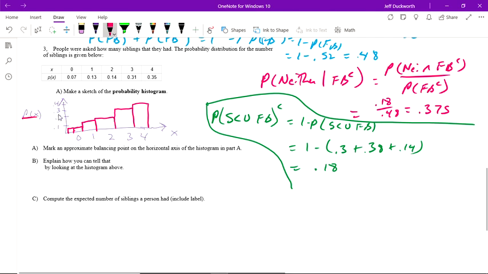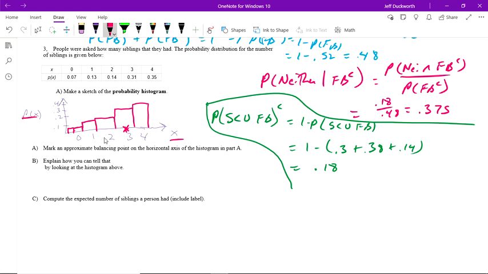Make sure that you label each side. A balancing point, think of a teeter-totter. Where can we put a dot here so that we can balance this graph? Well, maybe someplace here-ish.